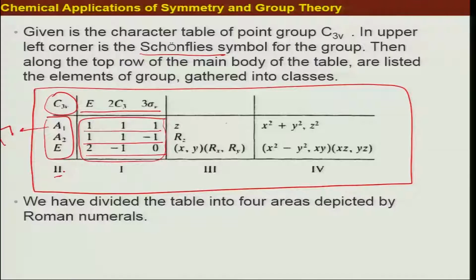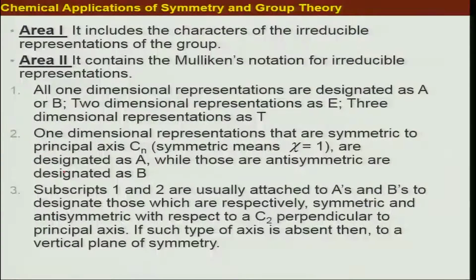These are called Mulliken symbols, named after R. S. Mulliken. These symbols are not given arbitrarily. There is a definite convention for using them. So let's see what rules or conventions are followed in this nomenclature.